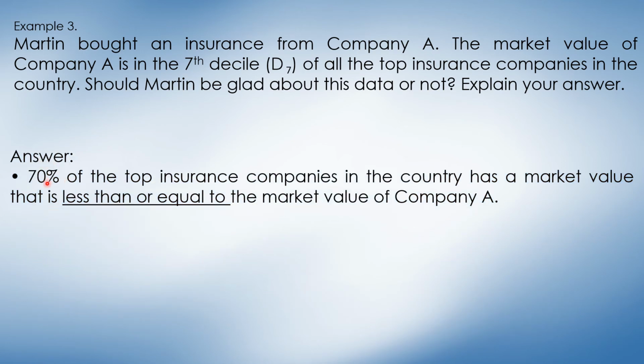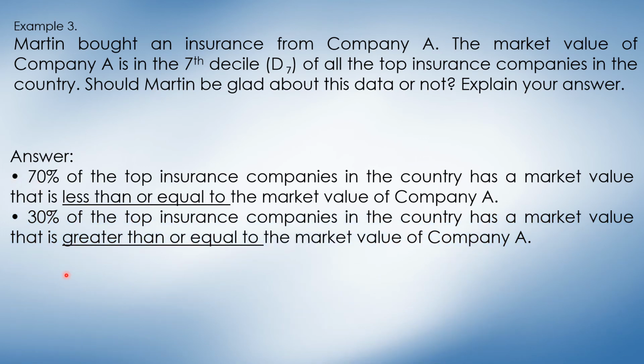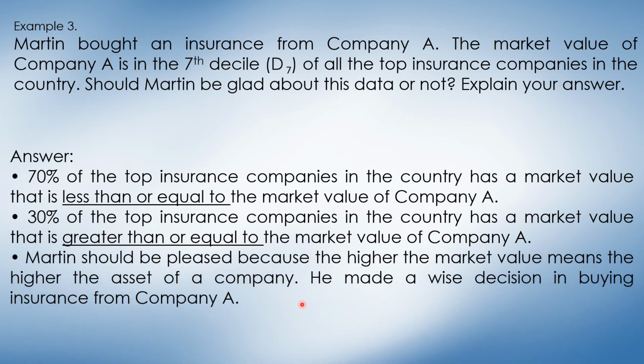Our answer is 70% of the top insurance companies in the country have a market value that is less than or equal to the market value of Company A. So 7th decile, so 70%. 100% minus 70% is 30%, so 30% of the top insurance companies in the country have a market value that is greater than or equal to the market value of Company A. Martin should be pleased because the higher the market value means the higher the assets of a company.